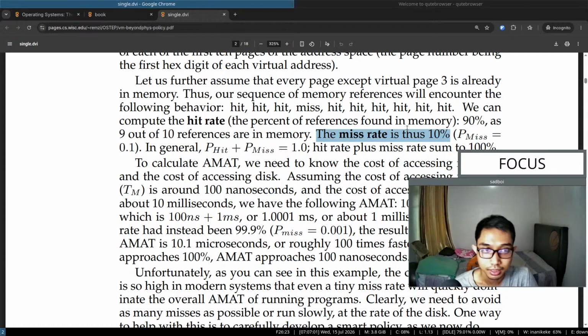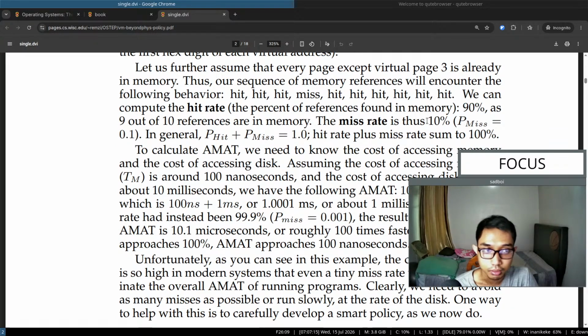Again, 100% minus 90%, and we get the 10% here. So P-miss is 0.1. In general, P-hit plus P-miss equals 1.0. Hit rate plus miss rate sum to 100%, right?